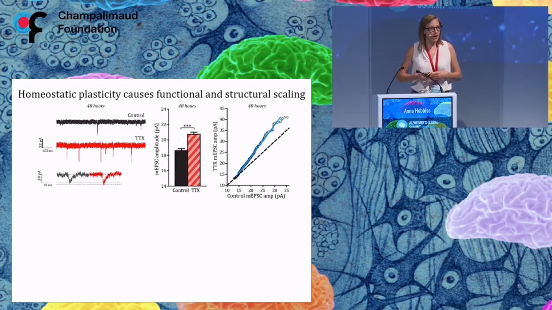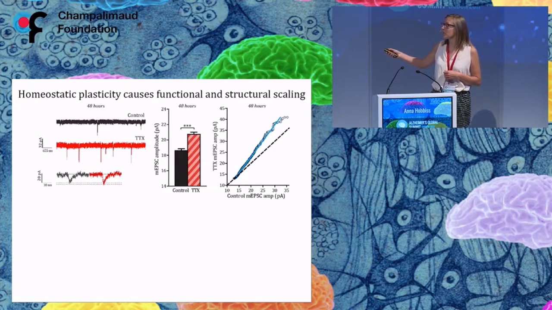So first, we verified that indeed this activity blockade caused homeostatic plasticity. And what we would expect is after long-term chronic activity blockade, synapses would be strengthened. And indeed, by recording these mEPSCs through electrophysiology, what we could see was after 48 hours, in these TTX neurons, the synapses were significantly stronger, shown by an increase in amplitude.